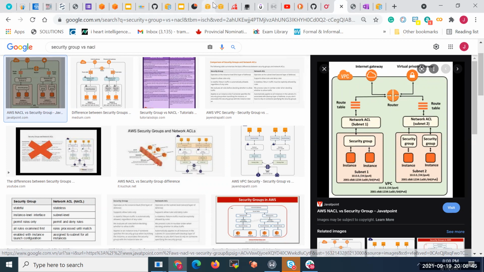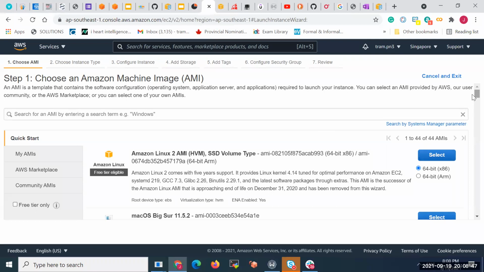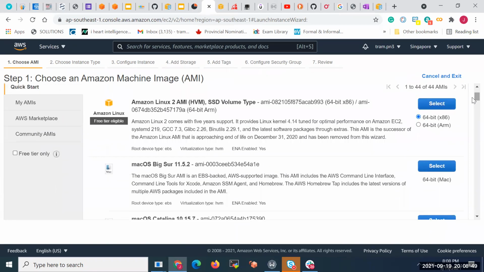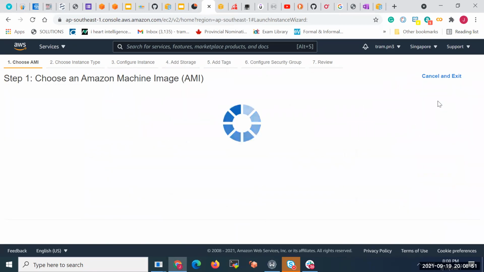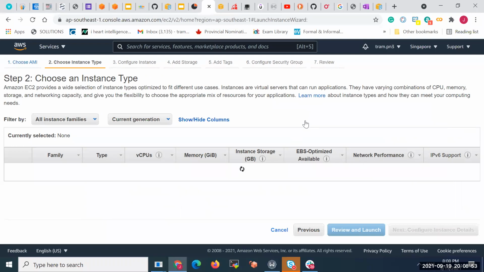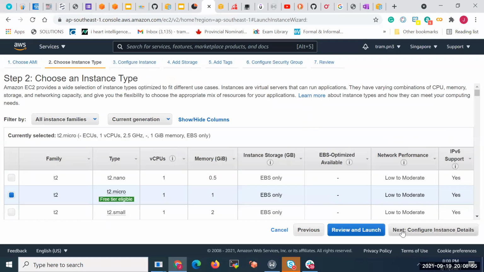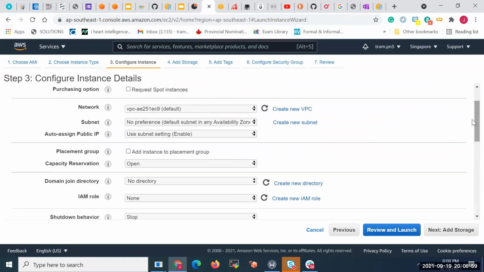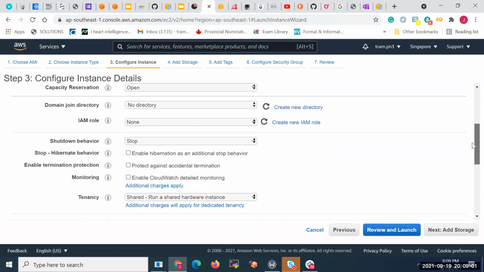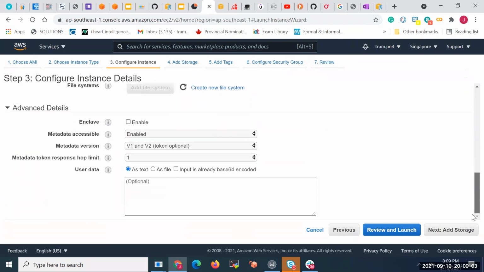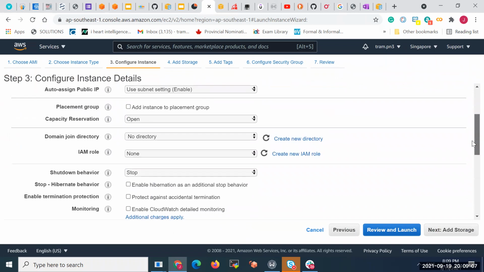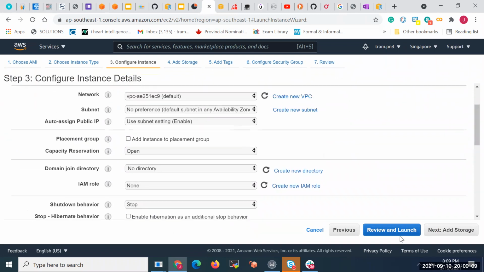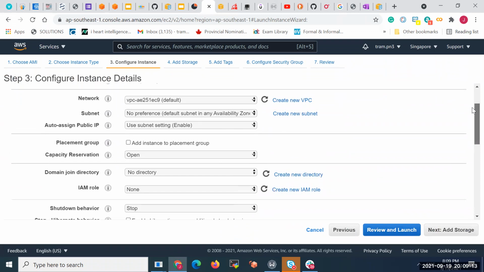So if you were to create an EC2, let me try to create it for you to see. So you select, let it create here. Review and launch. Okay, let me just try.